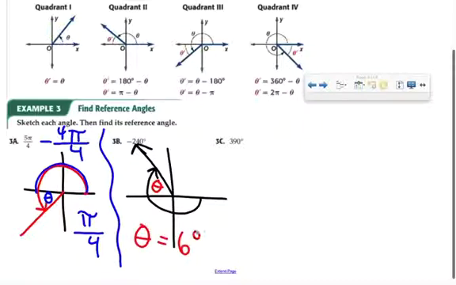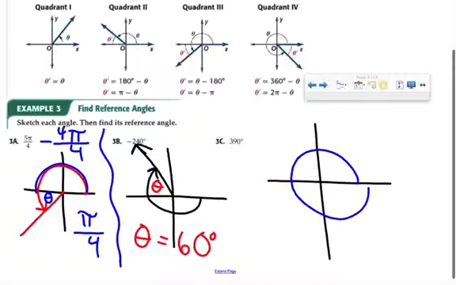So my theta is 60 degrees. Part C, 390 degrees. There's 360. I have to go 30 degrees more. So again, if you were listening, then you caught that this reference angle is 30 degrees.